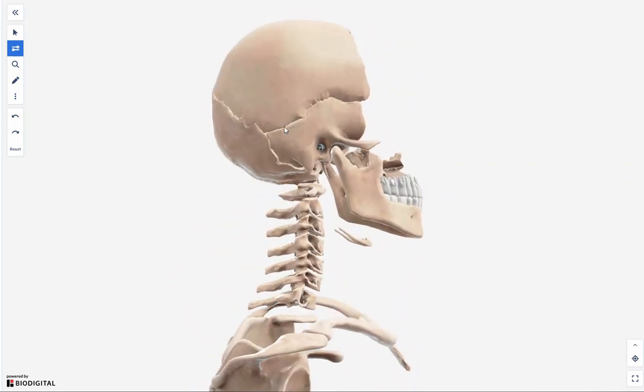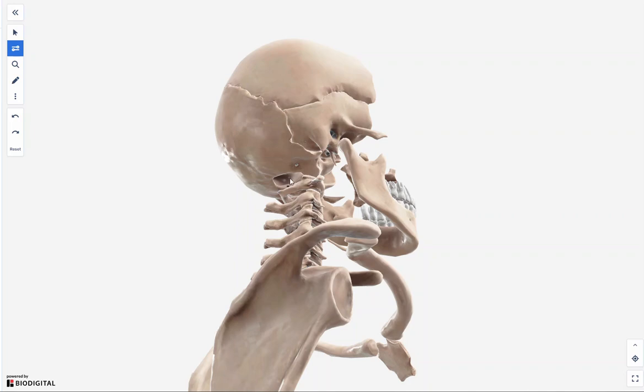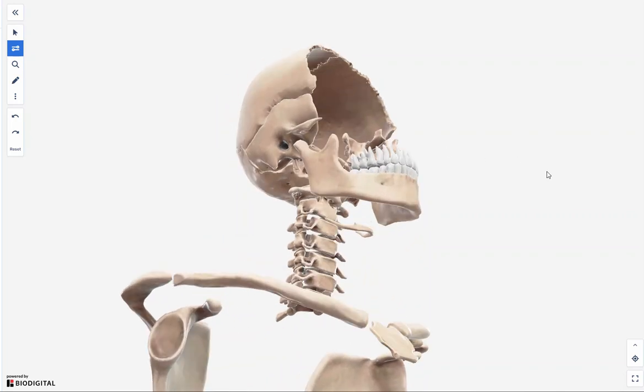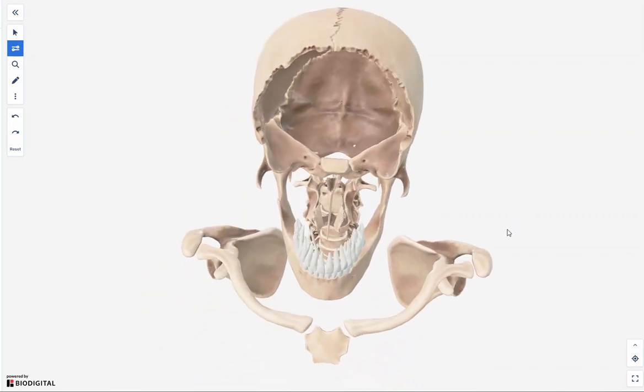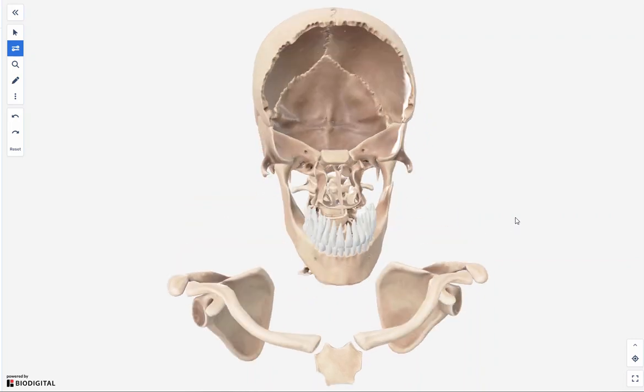Turn the head sideways, we can see all this is temporal bone here. All of this is temporal bone. Tip it up a little bit. There's the occipital bone and then the foramen magnum. So you can put it in perspective there too.